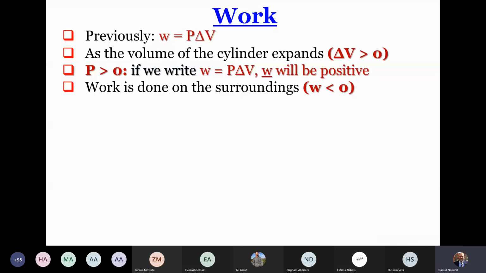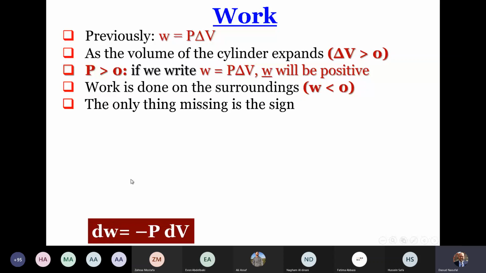By the definition of work, the work is negative since this is a form of energy that is given to the outside, to the surrounding. So the work is negative. And if we write W equal P delta V this way, the work will be positive. So we have to correct the sign of this formula. The formula will become dW, the variation of the work, is equal minus, we put sign minus, P times the variation of the volume.